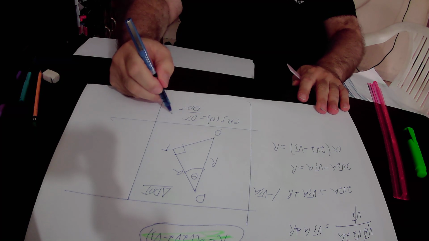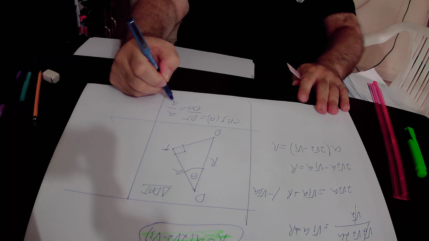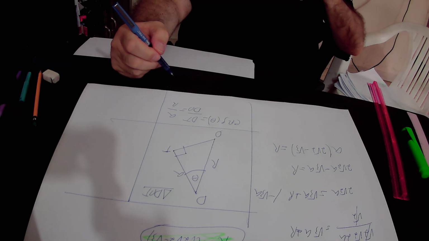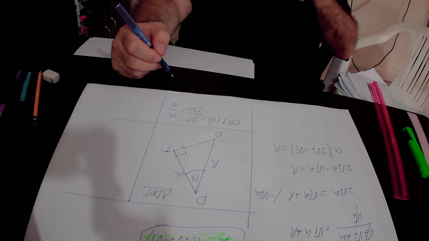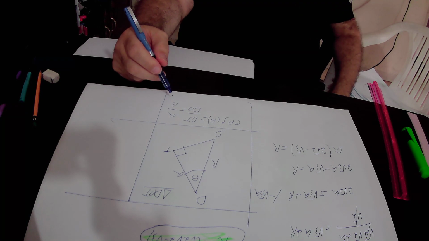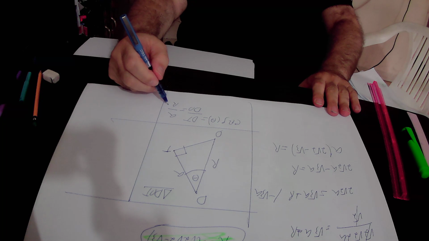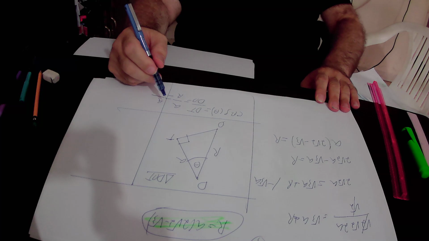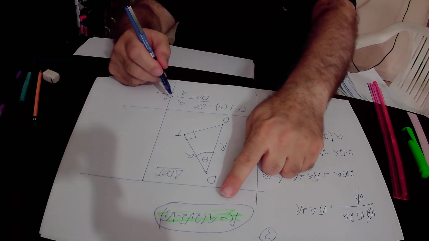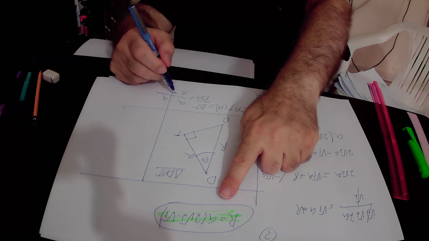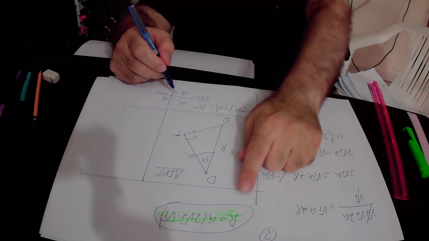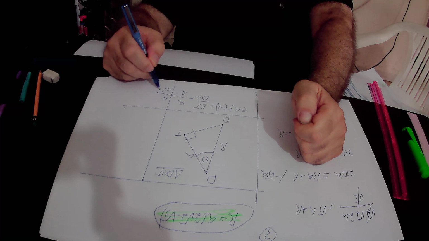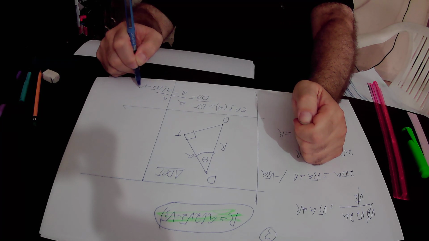DT equals A and DO equals R. So cosine theta equals A over R. And we already found out that R equals A times (2 times square root of 2 minus square root of 3). So we substitute R in this equation by A times (2 times square root of 2 minus square root of 3).